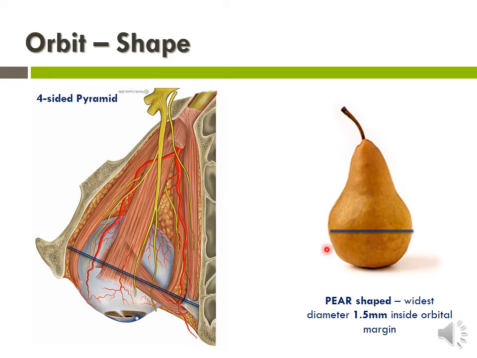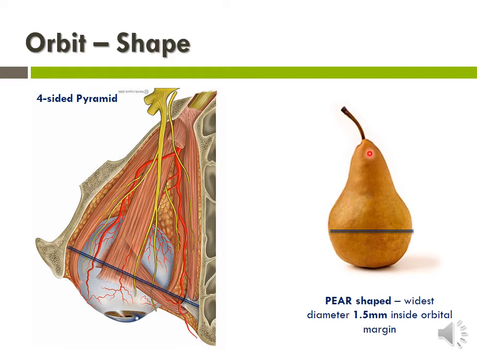Or we can say it has the shape of a pear. Now, why are we saying that it has the shape of a pear? You can see the widest portion of the orbit is not exactly at the anterior-most portion, and you can see this bone is coming curved, so this measurement is lesser, and the widest measurement is slightly inside the orbit.